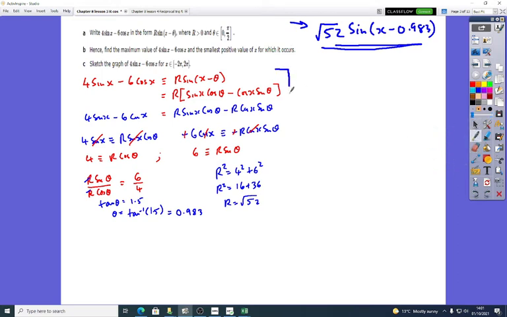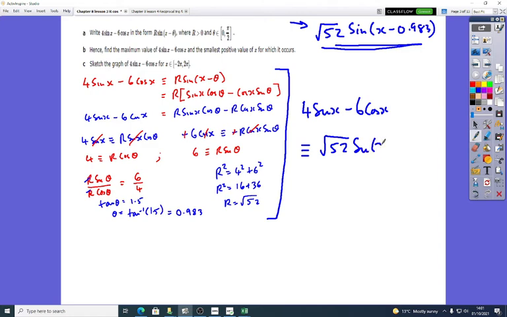What you can now do is go about solving this equation. You know that 4 sine x minus 6 cos x is identical to root 52 sine(x minus 0.983 radians).